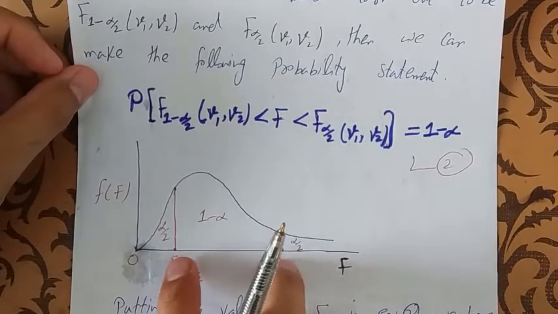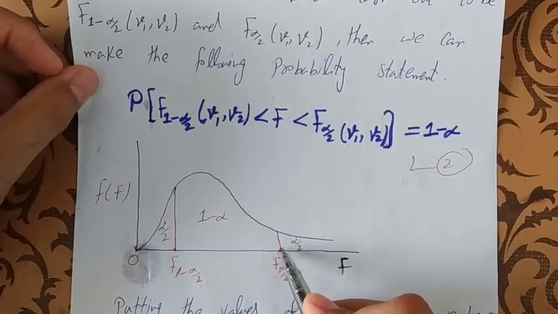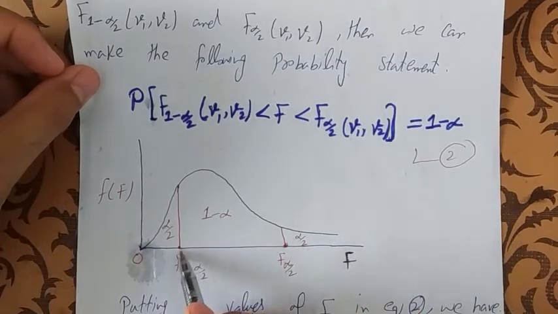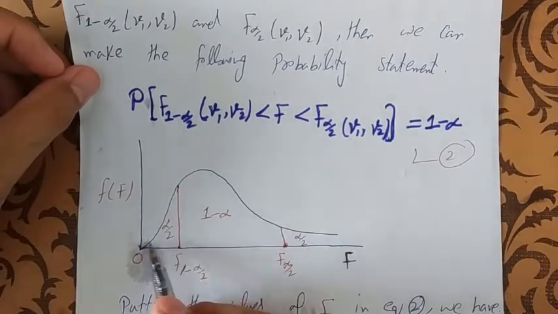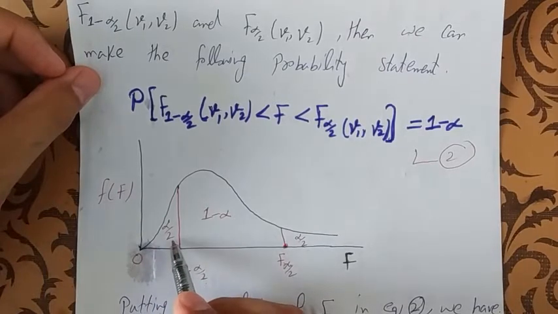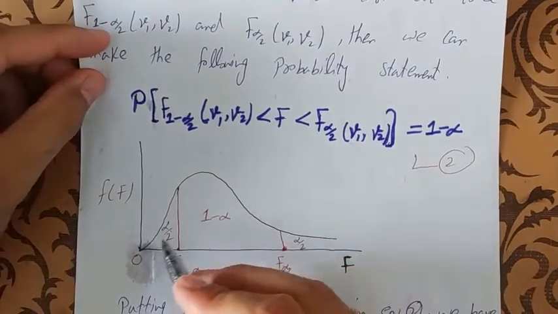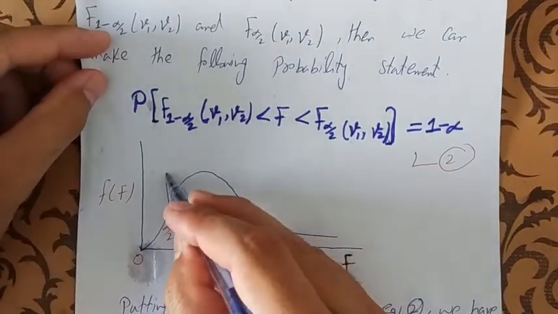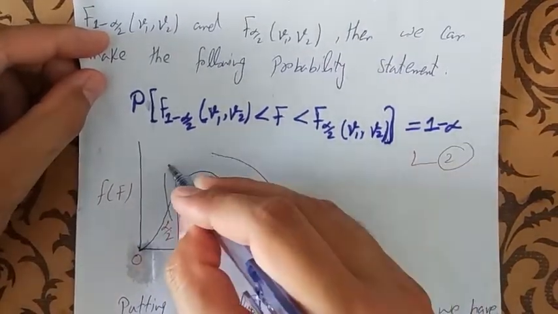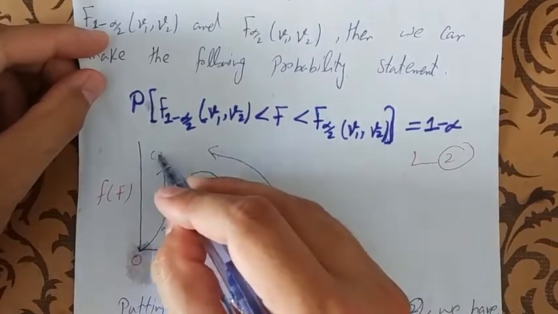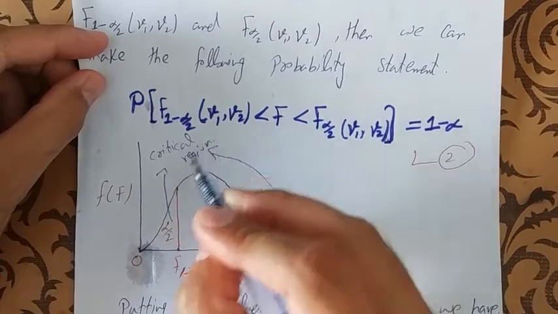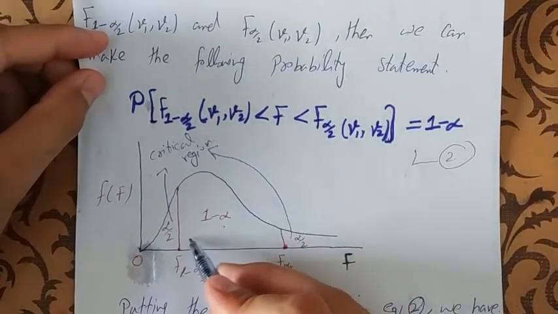These are the two endpoints, and the area on the right side of f alpha by 2 is alpha by 2, and similarly the area to the left of f 1 minus alpha by 2 is alpha by 2, because these two are the critical regions. Similarly, the middle region is the acceptance region.